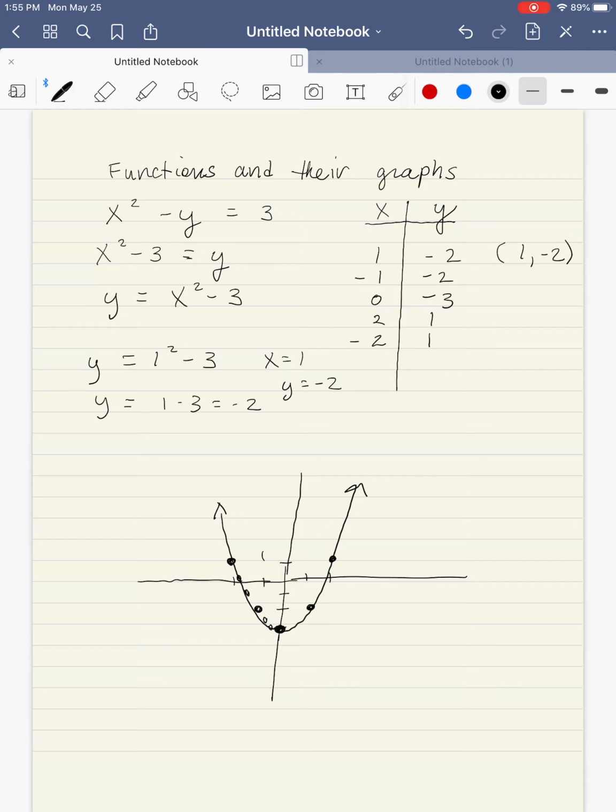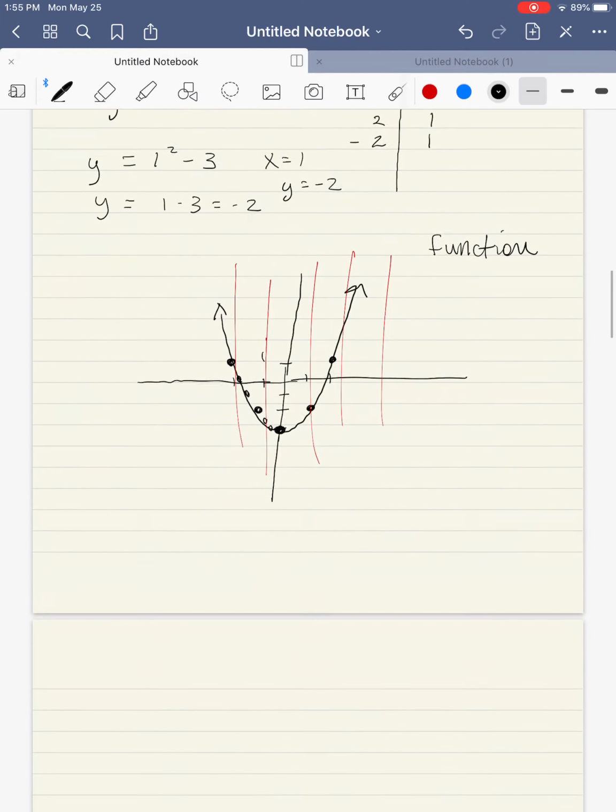So if I asked you, is this a function or not a function? We see that it is a function because it passes the vertical line test. Anywhere I draw a vertical line through it, I only touch it at a single point. So this is a function. That means that I can write this using what's called function notation.